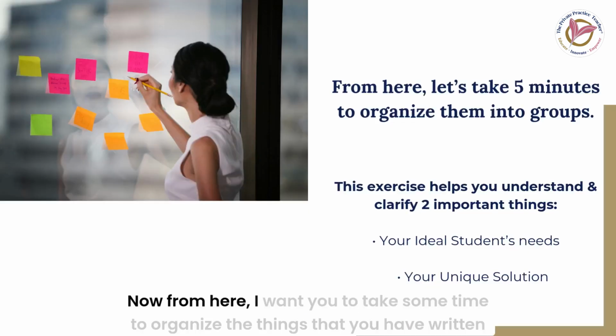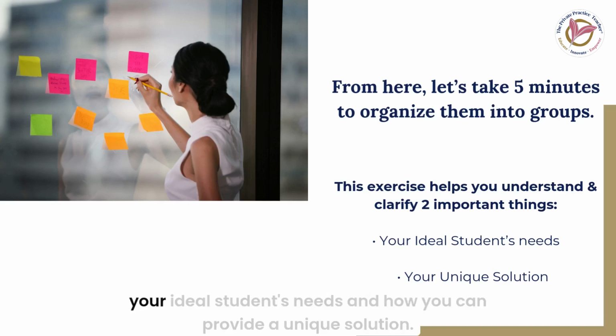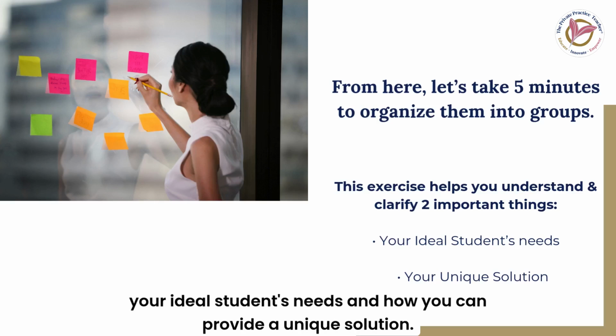Now, from here, I want you to take some time to organize the things that you have written down. And I want you to look for 2 specific things. I want you to look for your ideal student's needs and how you can provide a unique solution.